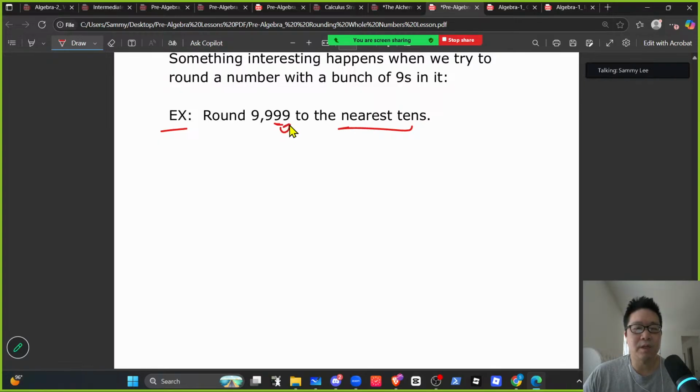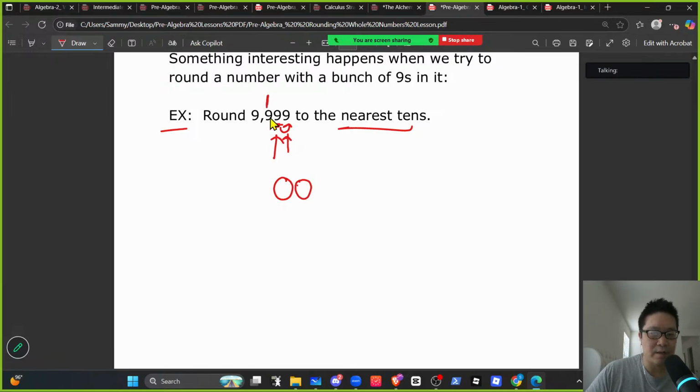And the one next to it is a 9. So do we round up or down? Up. So we're going to turn this 9 into a 10. But something interesting happens. When you turn a number into a 10, you have to carry it over to the next number to your left. So this number is going to turn into a 0, in other words, a 10. The number to the right of it, this 9, is also 0. And the 1 gets carried over to the next number.